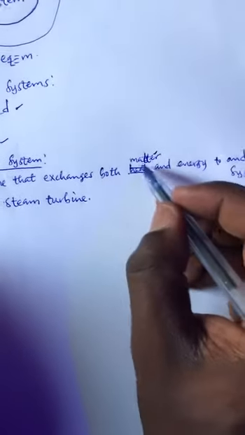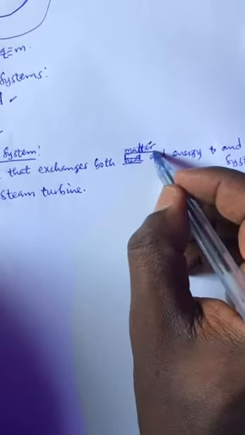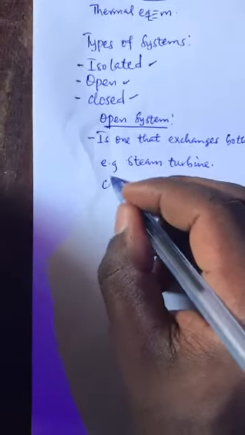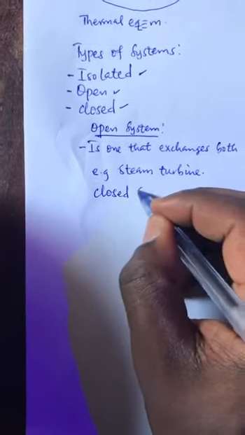So these are the major points. Exchange both matter and energy to and from the system, so that the system is open. It is open to the surroundings. So matter can flow out and energy can flow into the system. Then we have what we call a closed system.